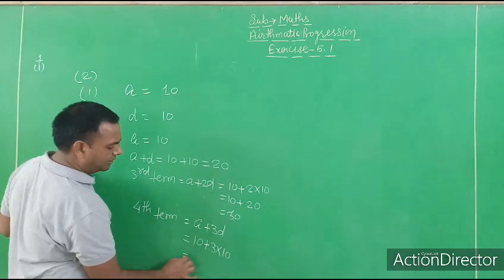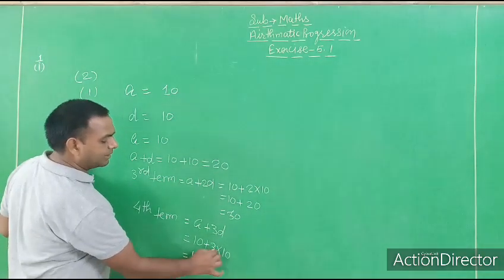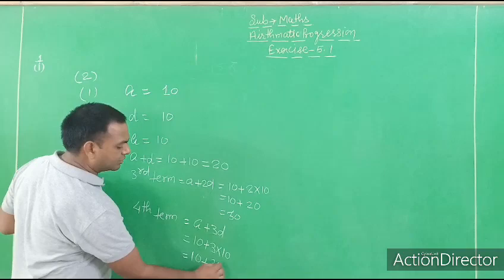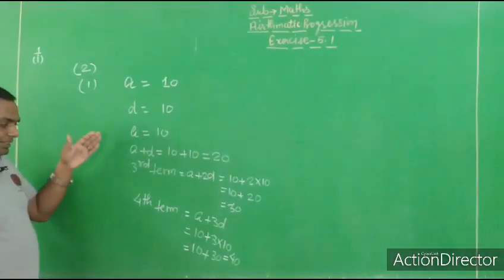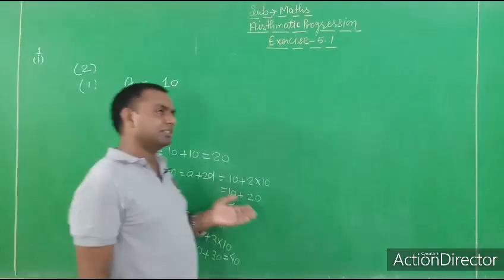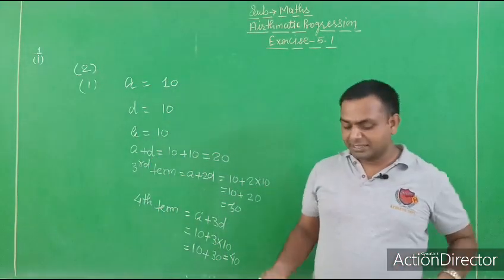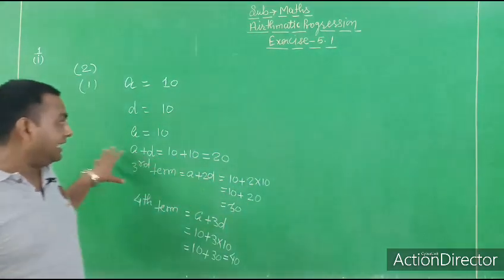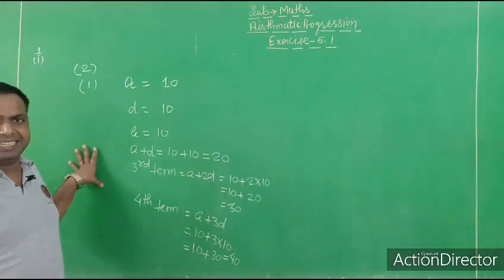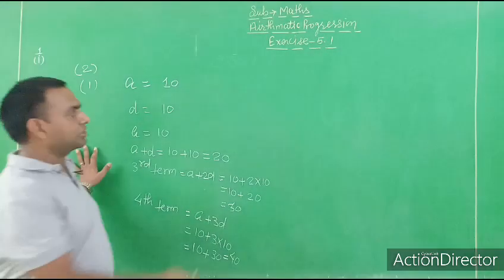So, this is equal to 10 plus 3 tens are 30, and so this is equal to 40. So here the four terms of the arithmetic progression are given. In the same way, you also solve these questions if a and d are given.